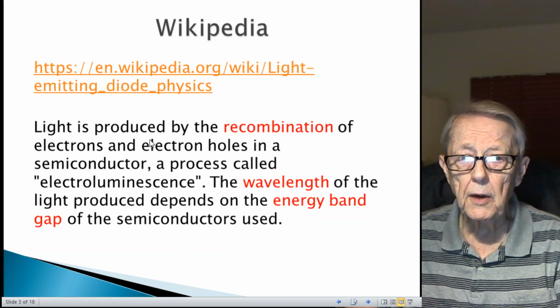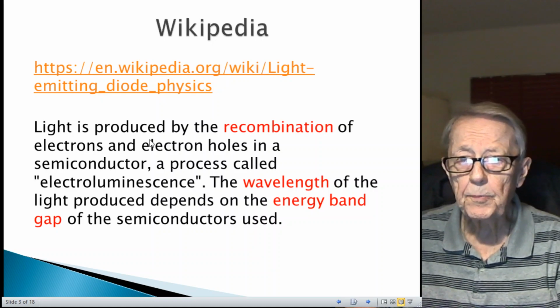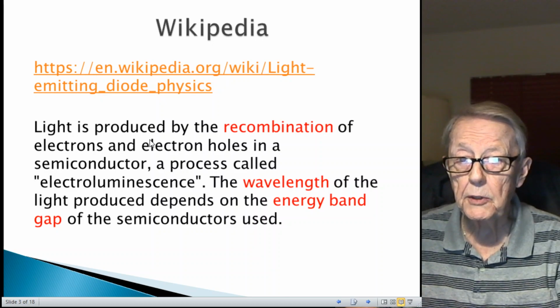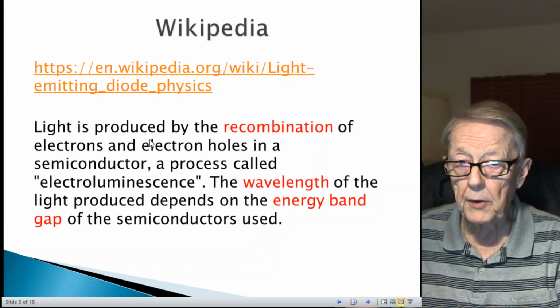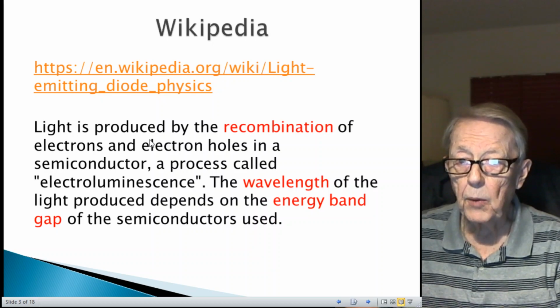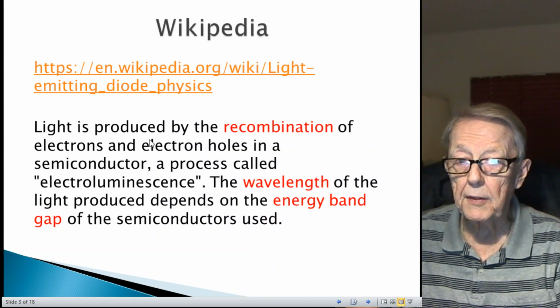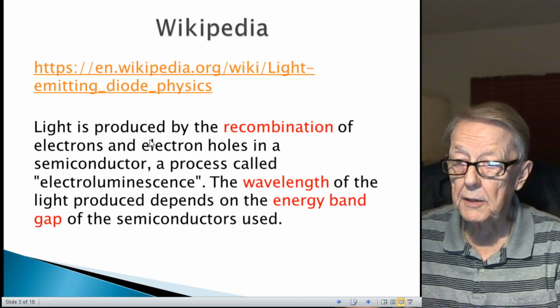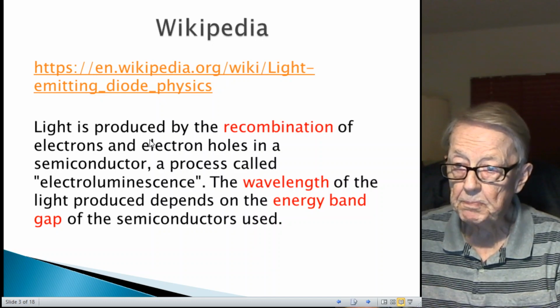Okay, so the light emitting diode: the light in it is produced by the recombination of electrons and electron holes in a semiconductor, a process called electroluminescence. The wavelength of the light produced depends on the energy band gap of the semiconductor used, at least.